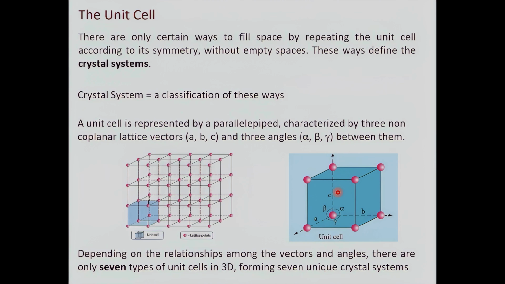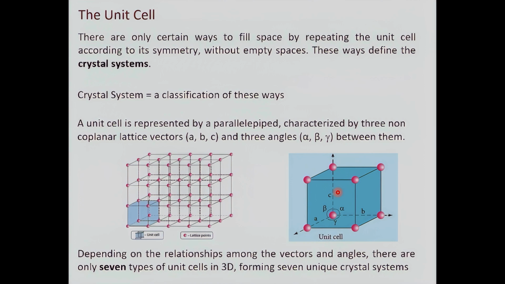But do we have an infinite number of ways to translate this unit cell or not? No, we have a limited number of ways in which a unit cell can be translated in space to fill the space completely without leaving any void or gap.